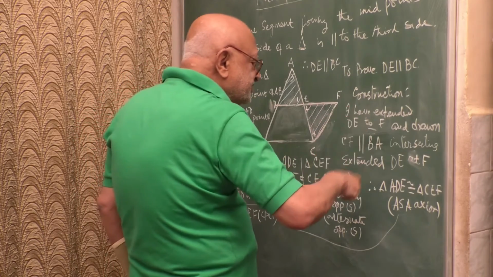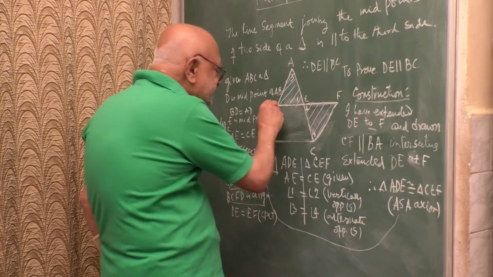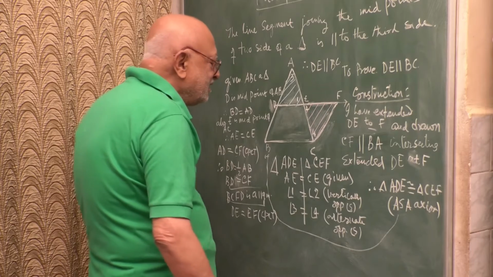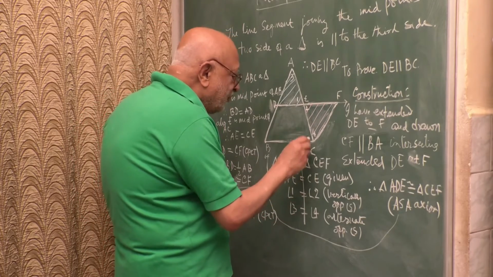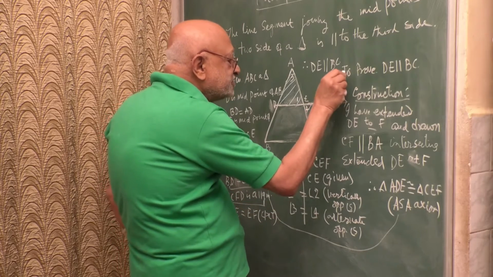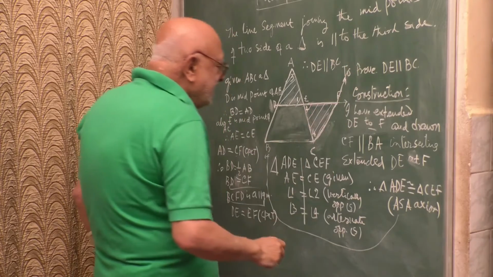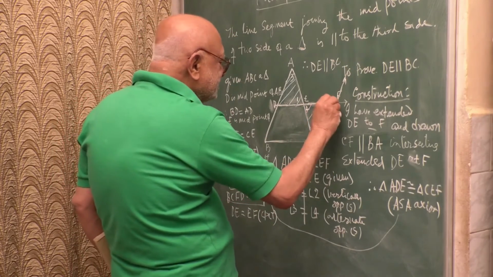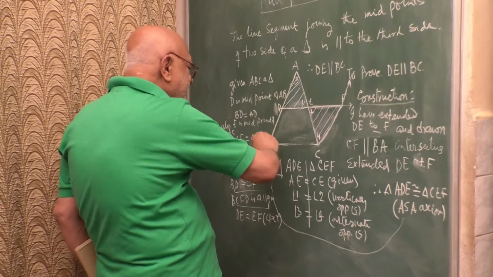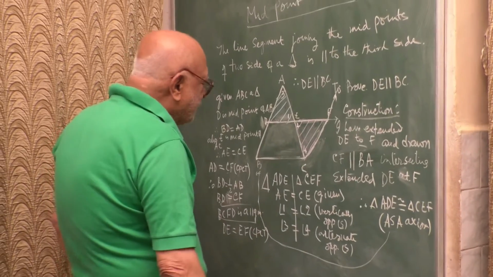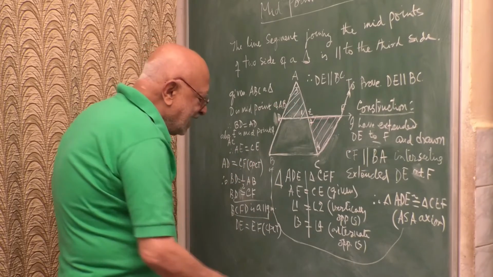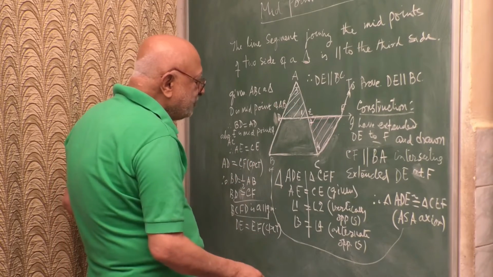Through construction, DE is extended, and from C you draw CF, extended to intersect at F, with CF parallel to BA. Then we picked up these two triangles and proved them congruent.